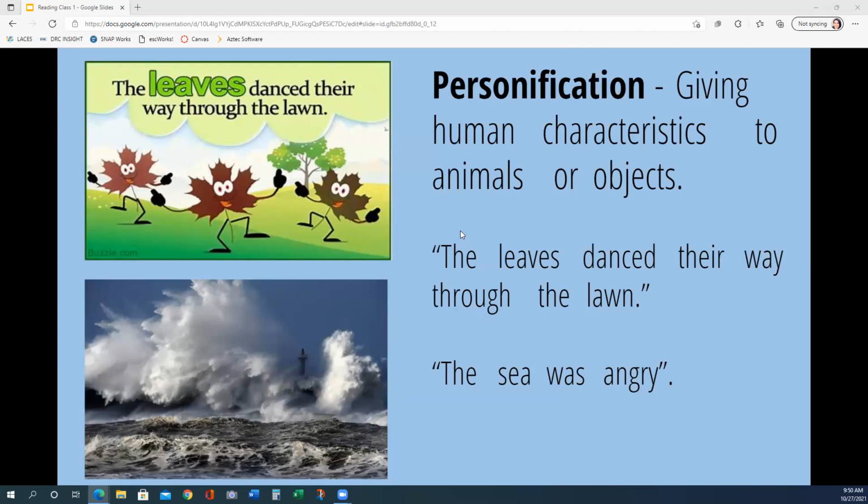If we're giving a vivid description to somebody, instead of just saying the leaves were blowing across the lawn, if we want to get really descriptive so they get a good picture of what's going on, we may say the leaves danced their way through the lawn. That is personification.